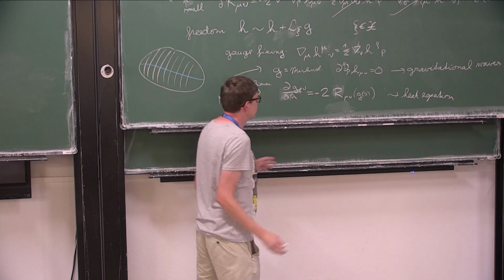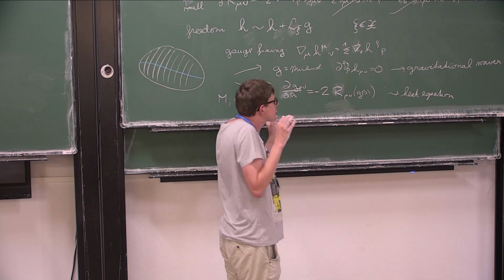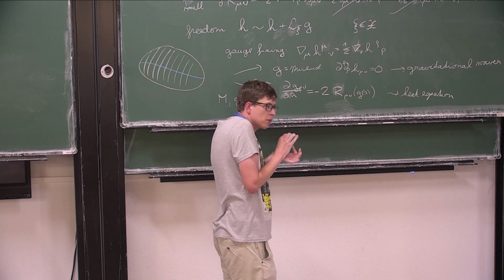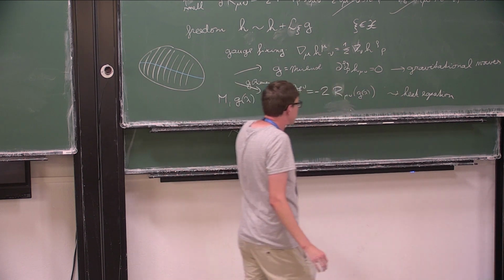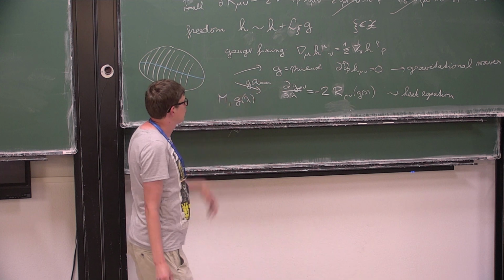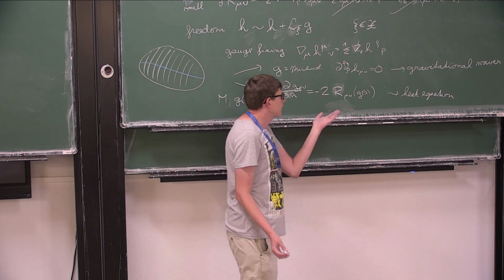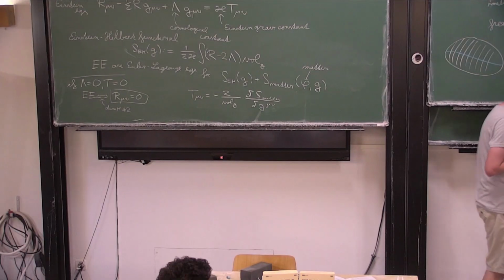So the punchline is that this is very nonlinear, but in some very small first order approximation, this thing actually looks like a heat equation if G is Riemannian. And so this fact can be used to prove some very powerful theorems.